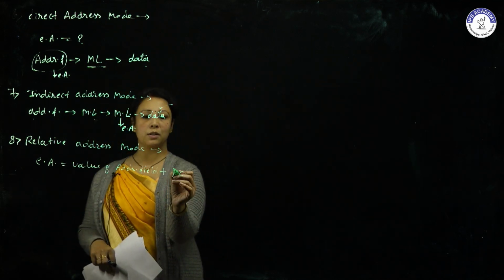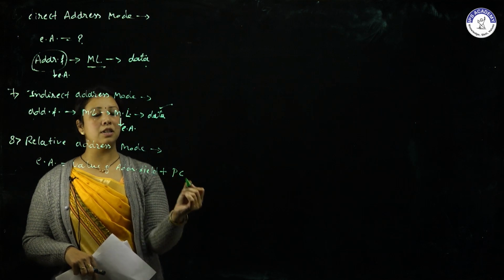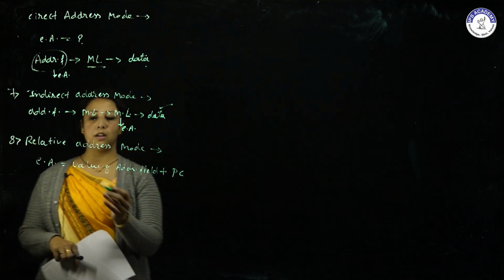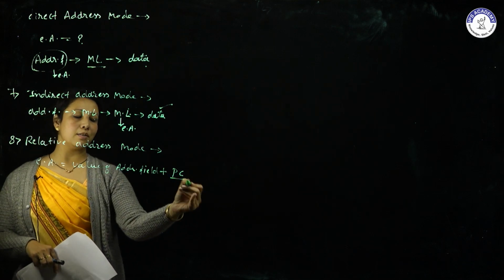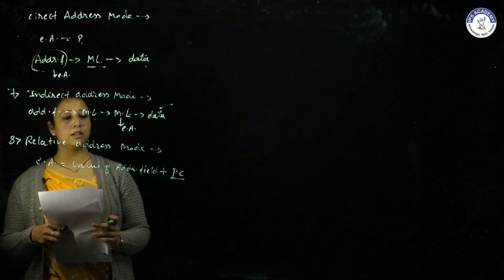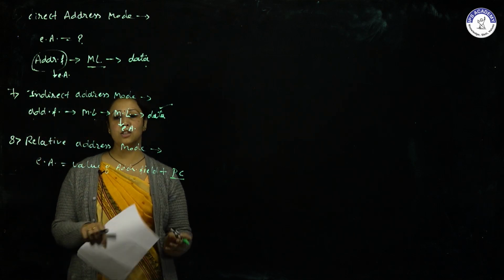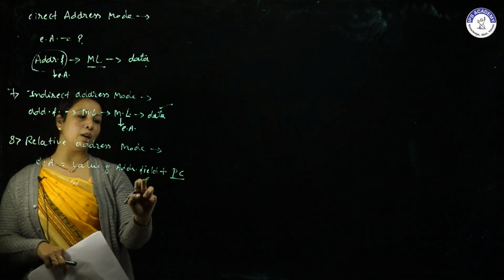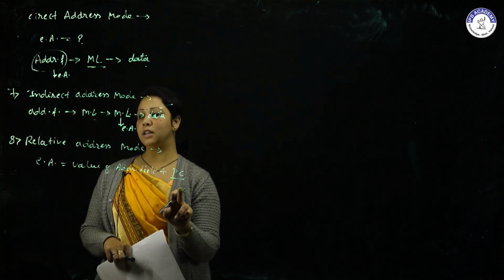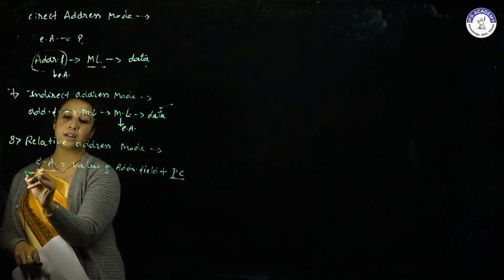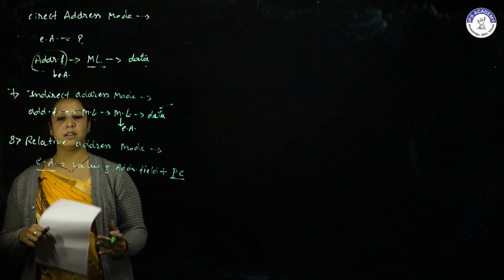The program counter is a processor register which gives the address of the next instruction to be executed. So the program counter always contains a value, and it shows which instruction is next to be executed. When we add the value of the address part to the program counter, it gives the effective address. Whatever value comes is the effective address where the data is found.